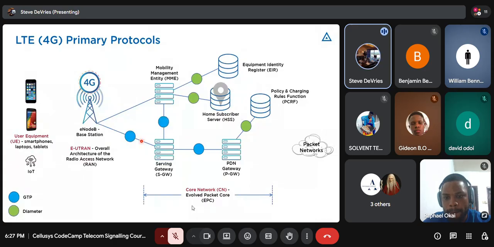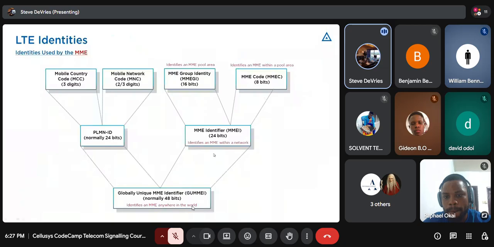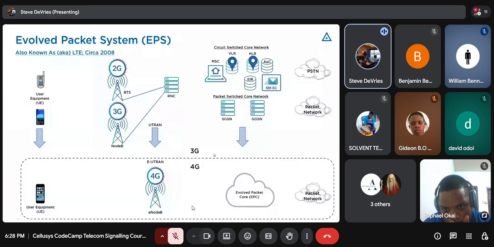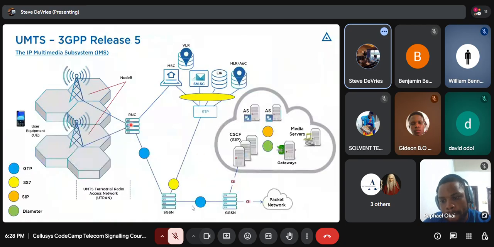So these tunnels get built here to here and here to here. It's the same as we saw in 2.5G. If I go back to the second generation, third generation, that was GTP between the radio network controller and the serving GPRS support node. That was a tunnel between the serving GPRS support node and the gateway GPRS support node.